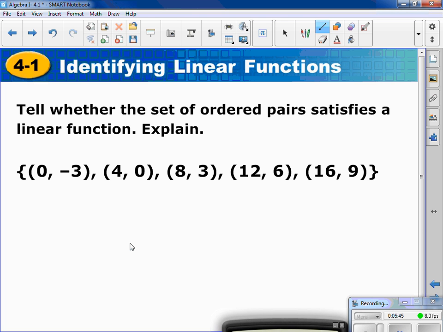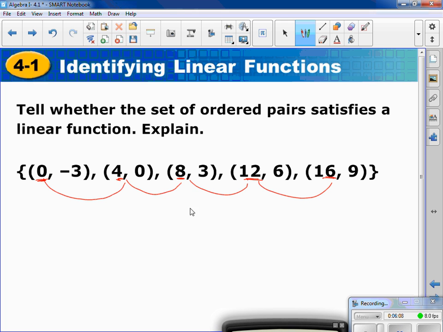I have 0, -3, 4, 0, 8, 3, 12, 6, 16, 9. I want you to tell me whether or not this is a linear function. If I look at my domains, my x values, what's happening between here and here, here and here?